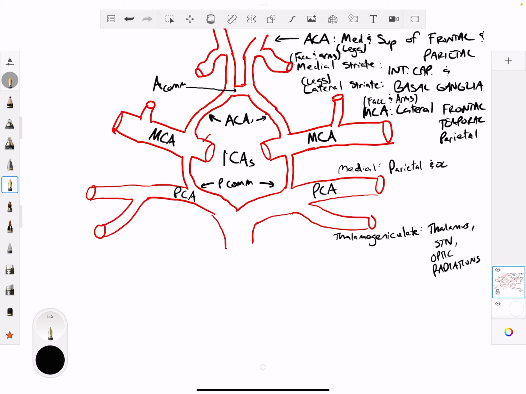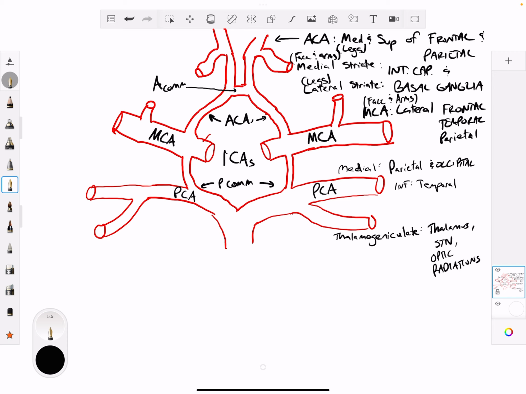Let's see, occipital. I'm going to take a stab at this. For some reason, that word just fell out of my head, but I think that might be right. As well as the inferior temporal lobes. All right, so that covers our 3 cerebral arteries and what they do.